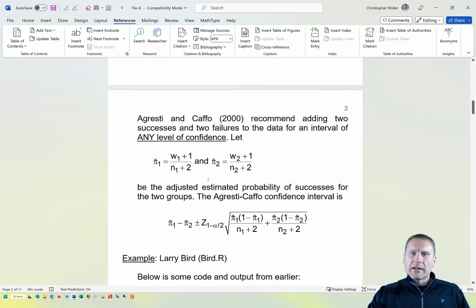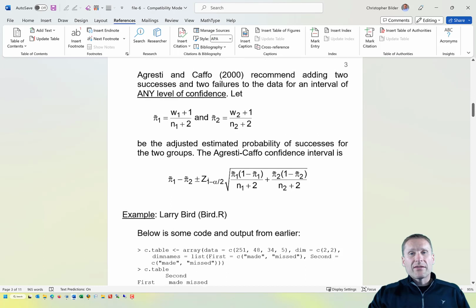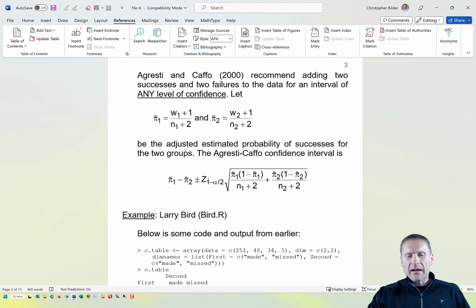Instead, my recommendation is to use what's called the Agresti-Caffo interval. So this is Alan Agresti and Brian Caffo. They came up with their own idea for a confidence interval similar to the Agresti-Coull interval that we saw before. And what they say is basically form a regular old Wald interval, but use adjusted estimates for pi1 and pi2.